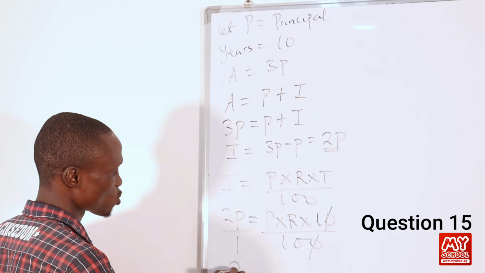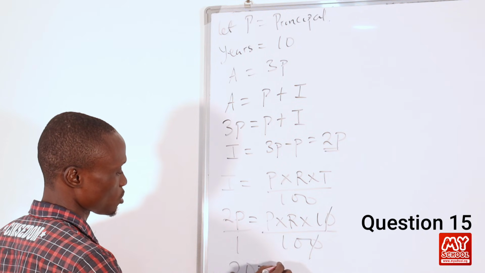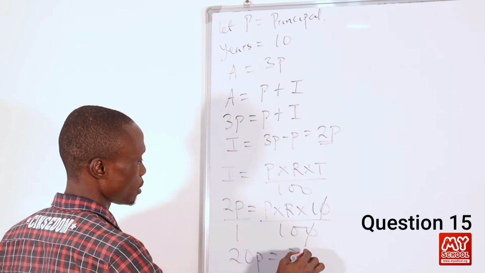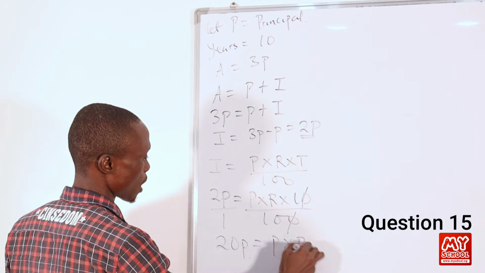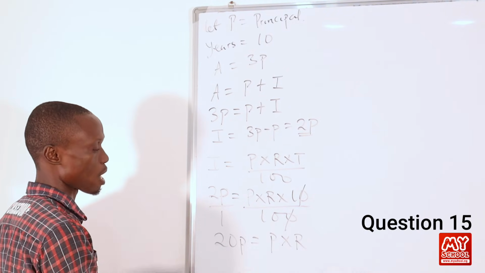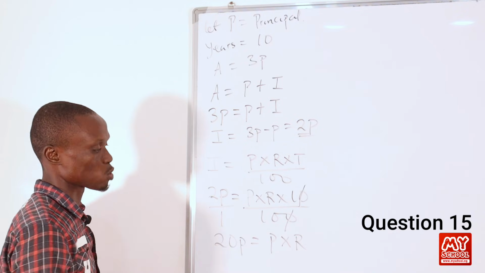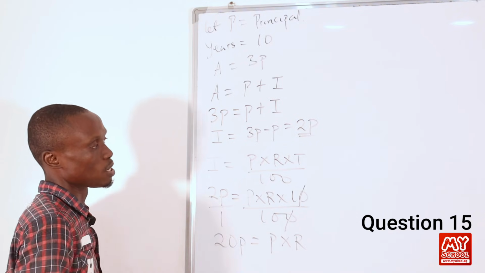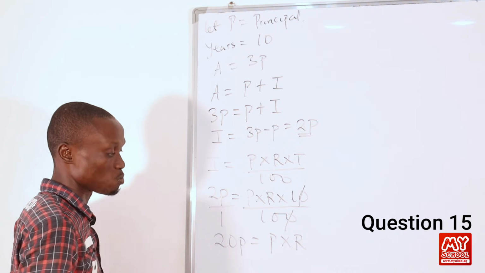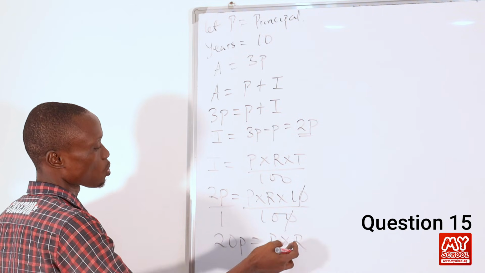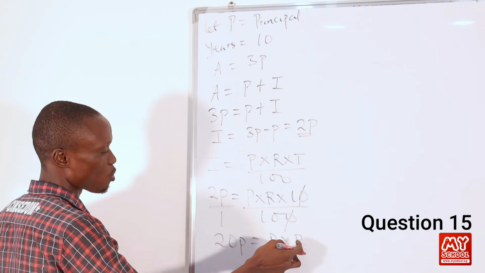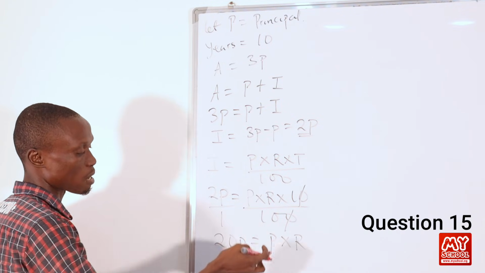So this will give us 20P is equals to P times R, so PR. Of course, we are looking for the rate because we don't know the rate at which the interest is being paid.